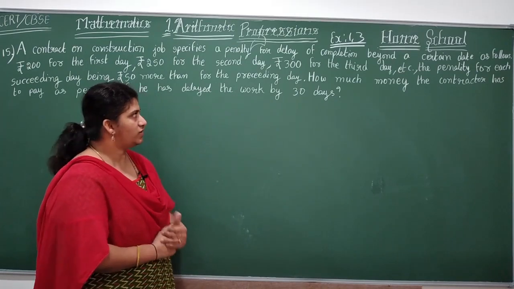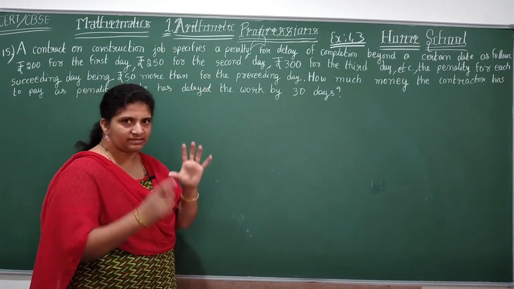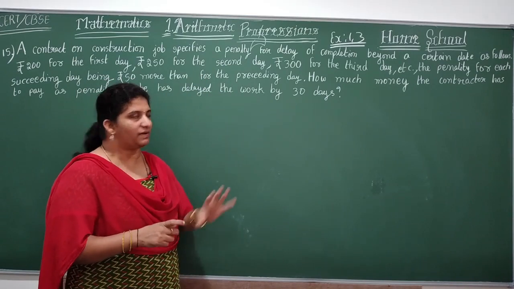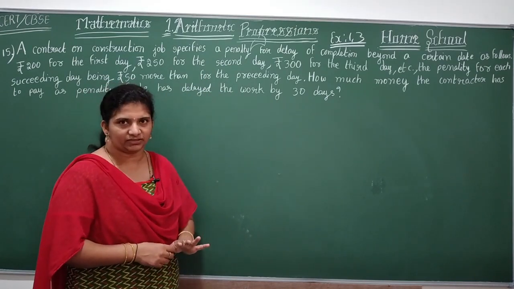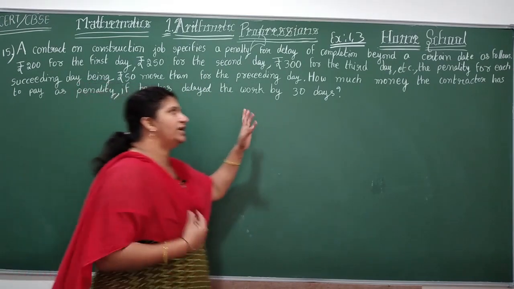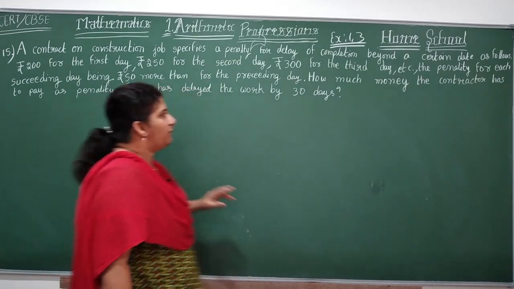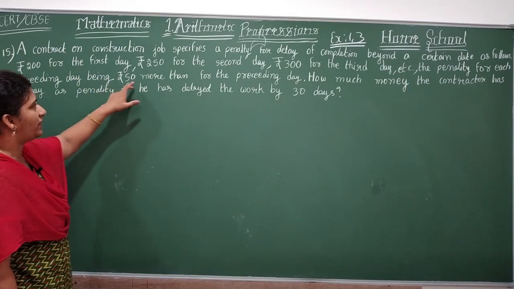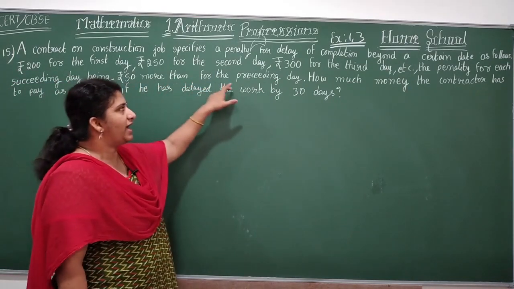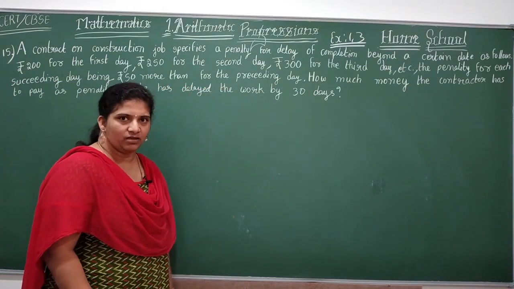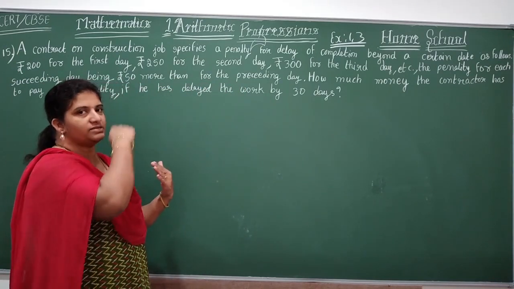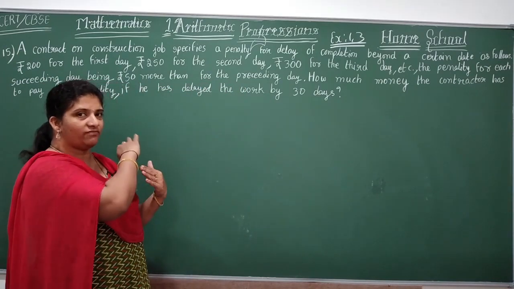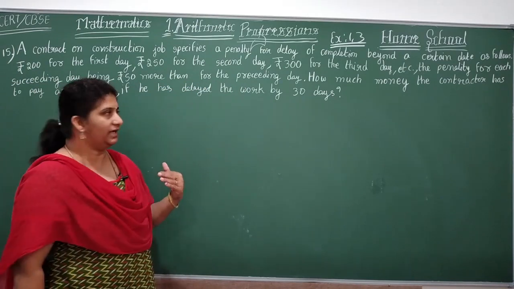Okay, children. So now, just understand the problem with the 10 days, but they did not give you how many days. For the third day, 300, etc. The penalty for each succeeding day being rupees 50 more than for the preceding day.